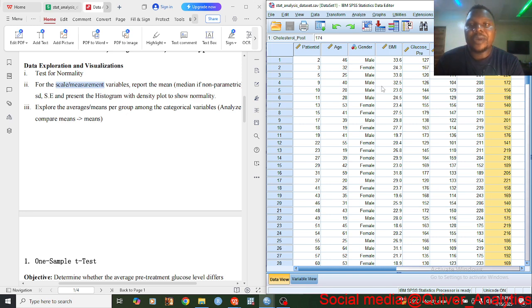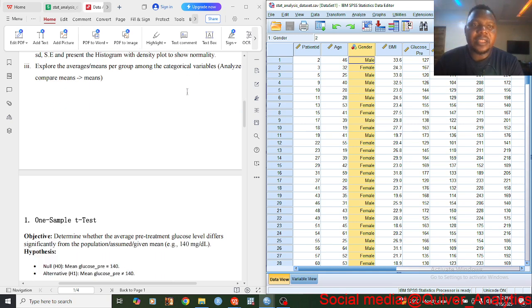Otherwise, if they are nominal or ordinal variables, that's categorical variables, you present your frequency table with your bar charts or pie charts. Then explore the averages, the mean per group, among the categorical variables. We would get there later.